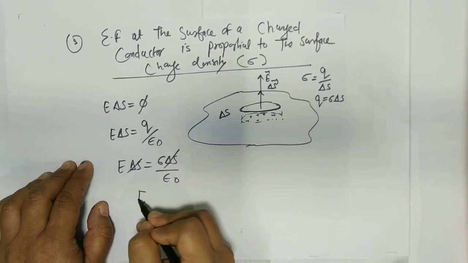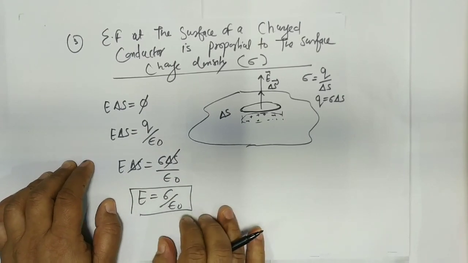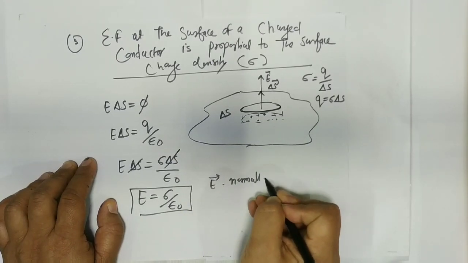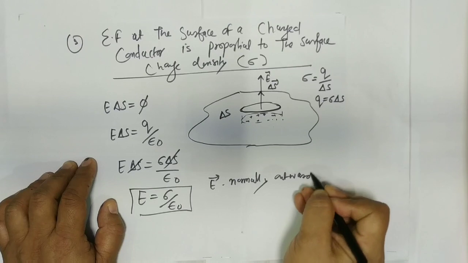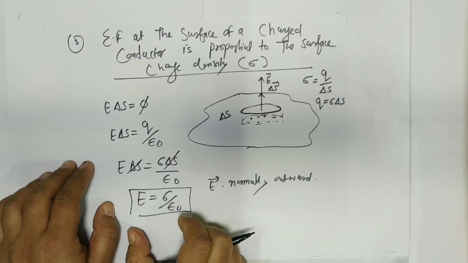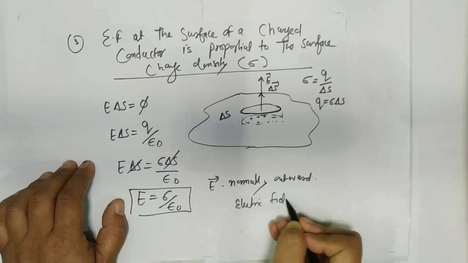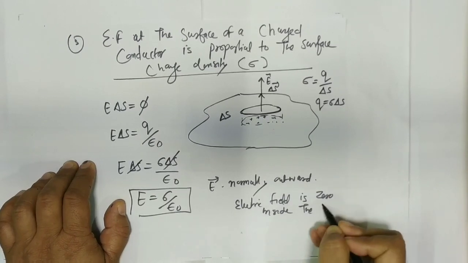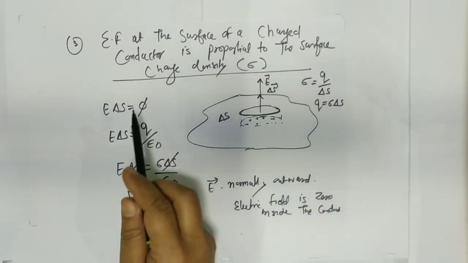So what you get is E equals sigma by epsilon naught, and it is normally outward. And remember, the electric field is zero inside the conductor. So this is the fifth property: the electric field at the surface of a charged conductor is proportional to the surface charge density.